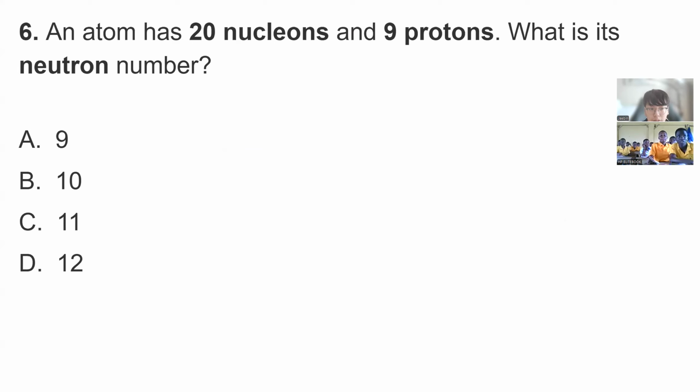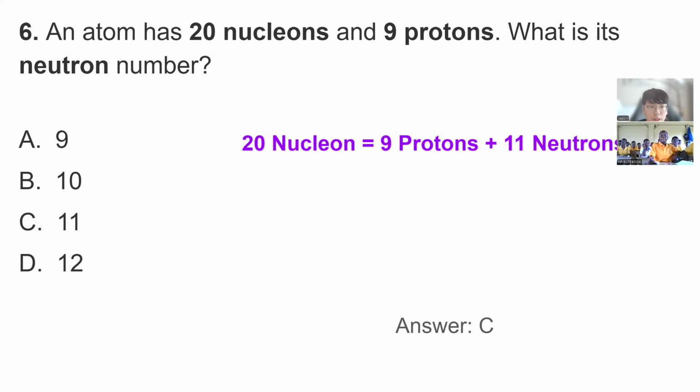C, 11. Yes, that's right. You said C, 11, which is right because nucleons are protons plus neutrons, and we simply subtract 9 from 20 and we get 11, which is C. That is correct.